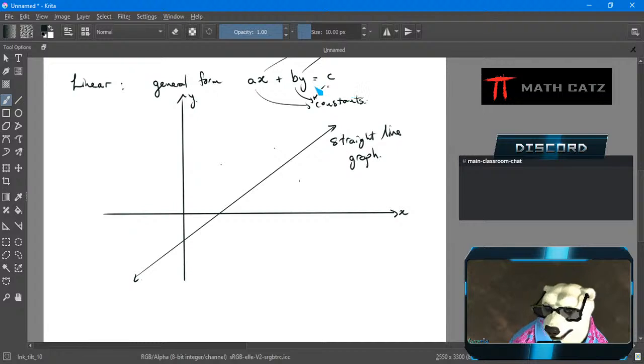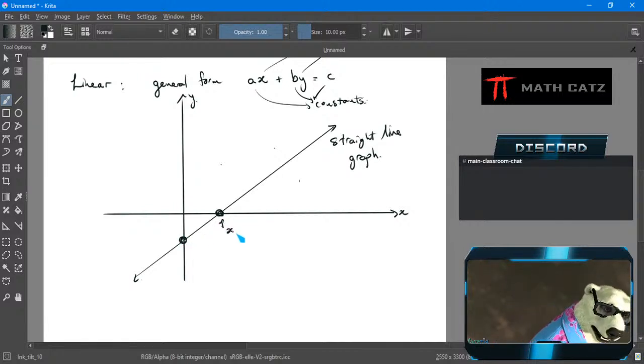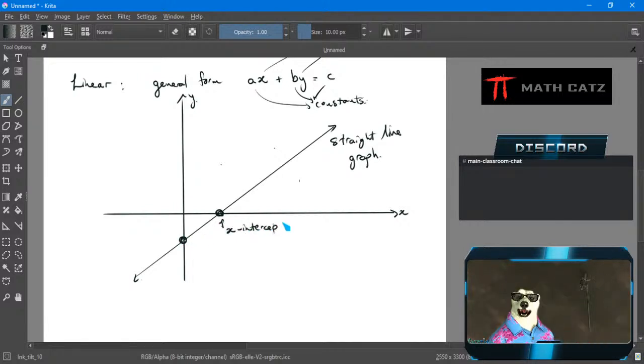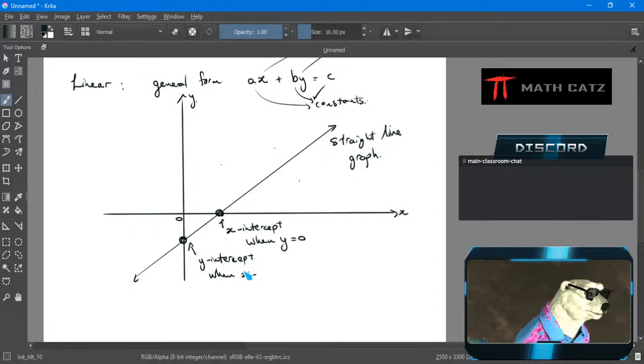It's always a straight line graph when the equation looks like this. We have two important points, the x-intercept, where the straight line graph intersects the x-axis, and that is when the corresponding y-coordinate is 0, and we have our y-intercept, and that is when the x-coordinate of the point is 0.